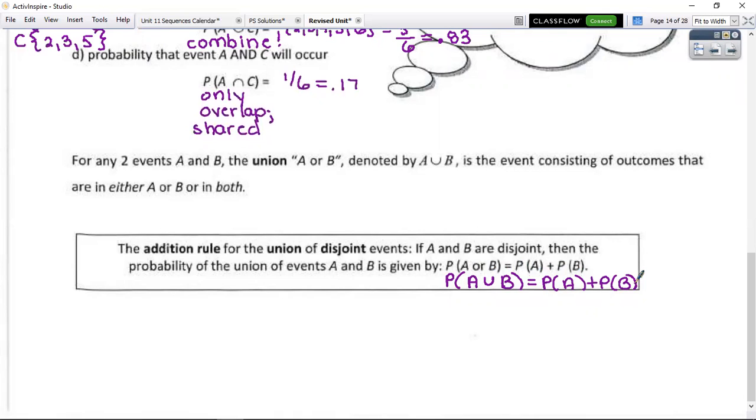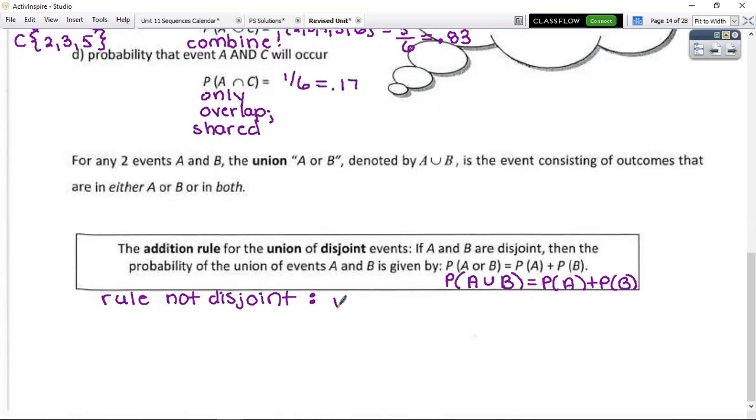Okay. We also have a union rule if you do have shared outcomes. So this is the rule when they are not disjoint, which you're actually going to see most often. And here's how this goes. And again, if you were sitting for a Regents exam, you would have to memorize this. Okay.